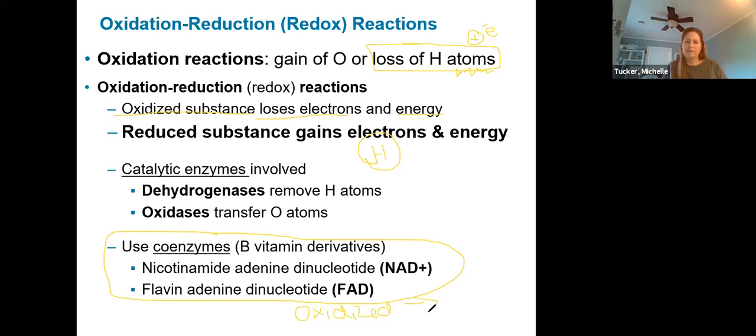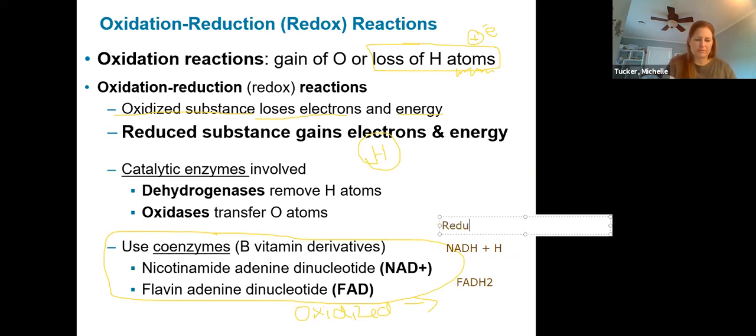Then they are going to be reduced and form, this one forms what's called NADH plus H. Sometimes it's just written as NADH because it's simpler, but there's always going to be 2 hydrogen atoms involved. For FAD, we have FADH2, and both of these are the reduced form.